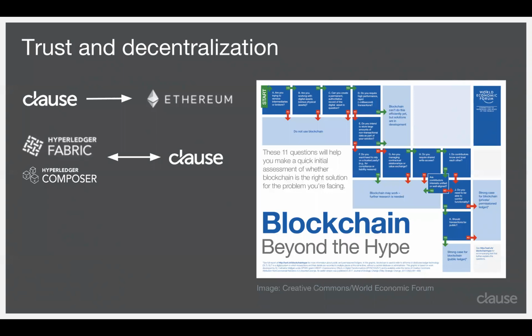So the Clause platform supports blockchains. We're blockchain neutral in that we integrate with Ethereum, Hyperledger Fabric, Hyperledger Composer, and we're working on integrations with other DLT platforms in the future. But we don't mandate a blockchain. And our feeling is it's really tied up in the trust relationship between the contracting parties.